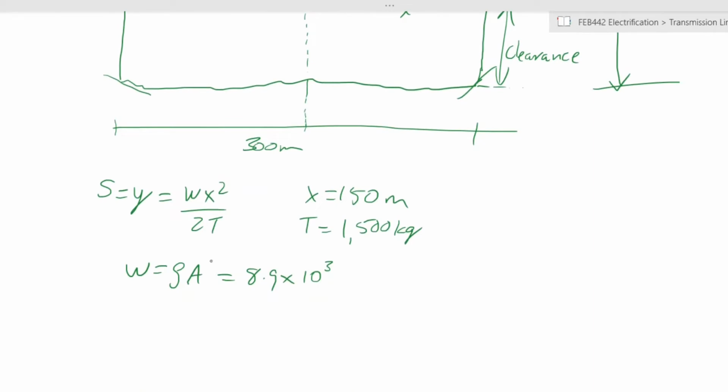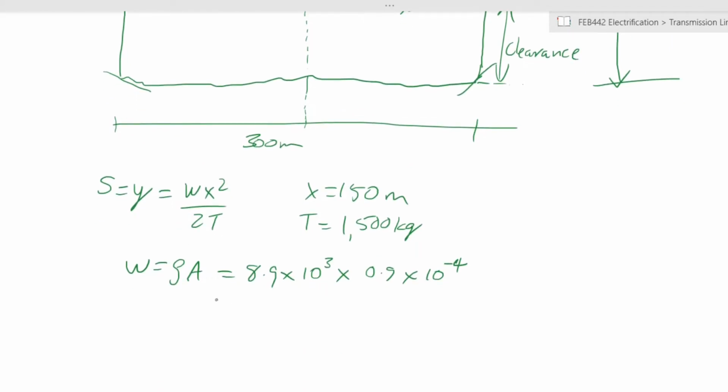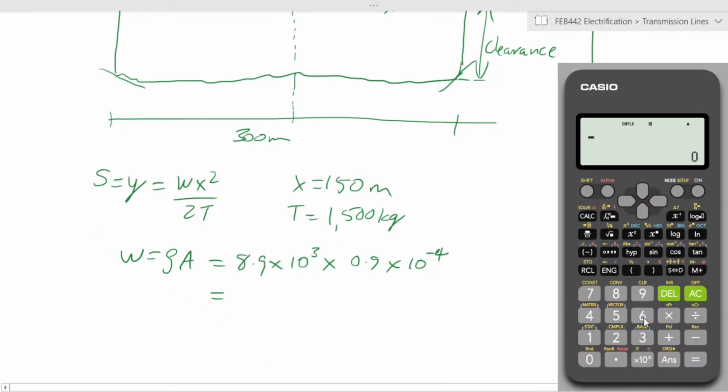The cross-sectional area is 0.9 square centimeters, converted to square meters, which is 10 to the power minus 4. We bring in the calculator again: 8.9 times 0.9 times 10 to the power minus 4 gives us 0.801 kilograms per meter. That is W.